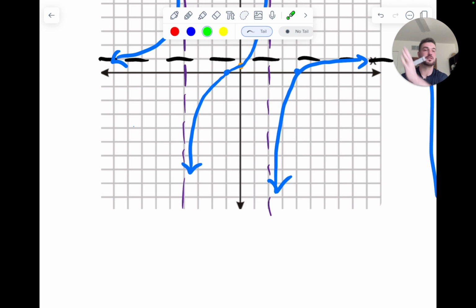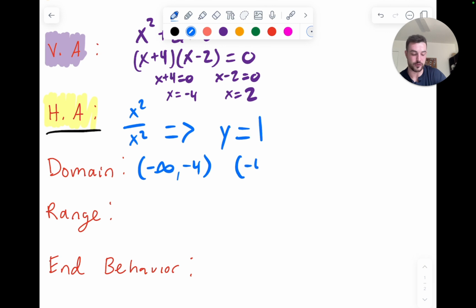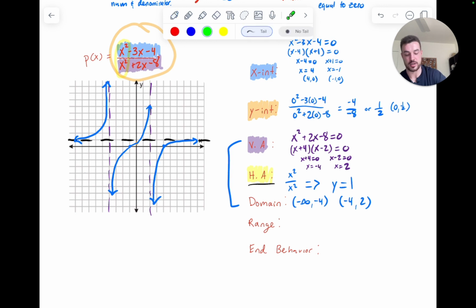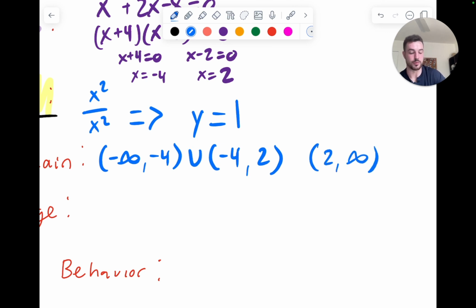And then I hit that asymptote and I almost jump over. So then we're going to switch from negative 4 all the way to 2, which is that middle section here. And then again, we get to 2 and we jump over to the other side. So we're going to have 3 parts of this domain. And I am going to put a union symbol in between. So it says this section and this one and this one.